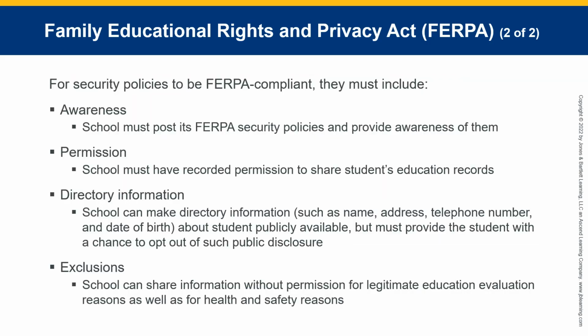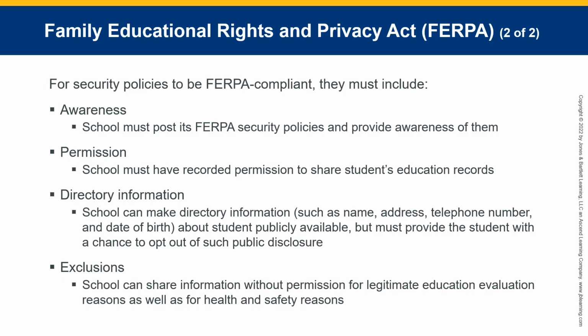Family Educational Rights and Privacy Act, FERPA, page 2. For security policies to be FERPA compliant, they must include awareness. School must post its FERPA security policies and provide awareness of them. Permission. School must have recorded permission to share students' educational records. Directory information.